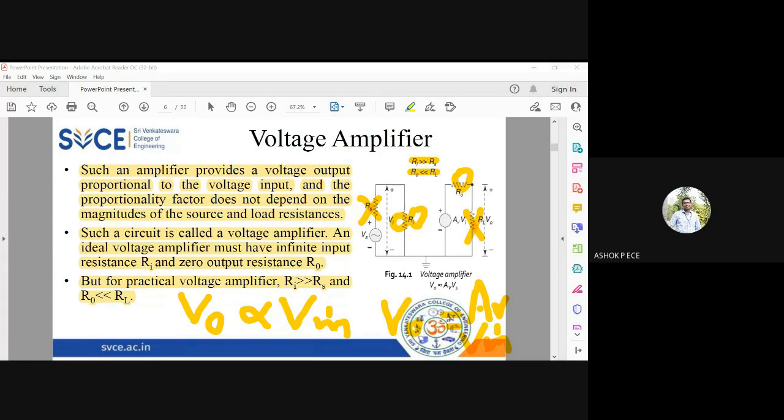You've studied about voltage amplifiers, right? What examples you can cite? Resistors RC and RE.